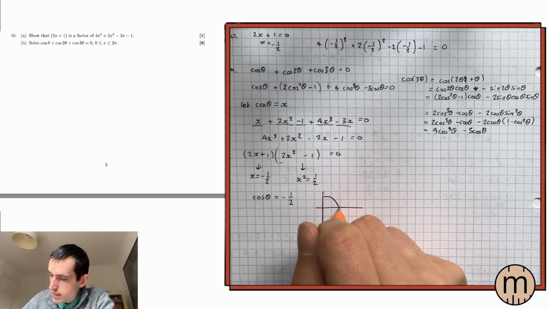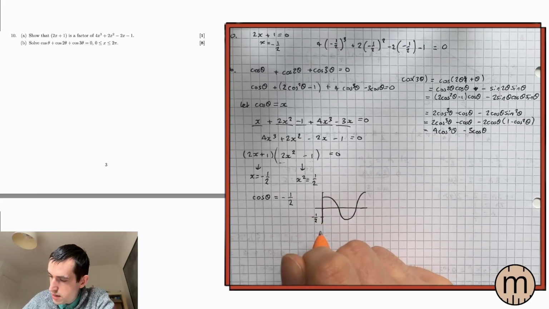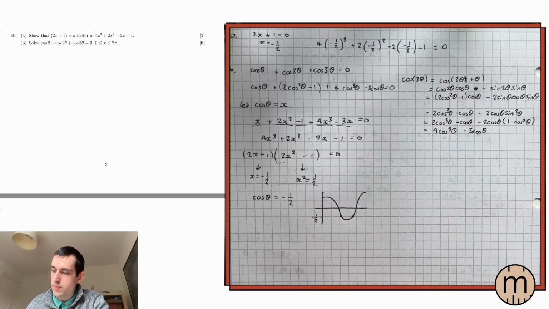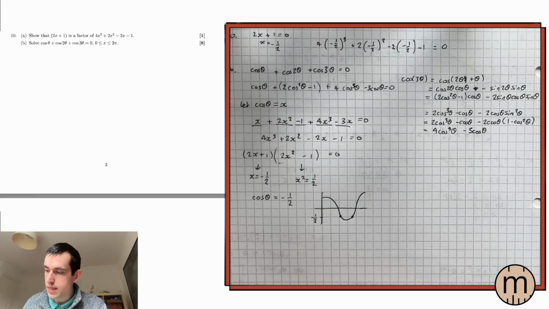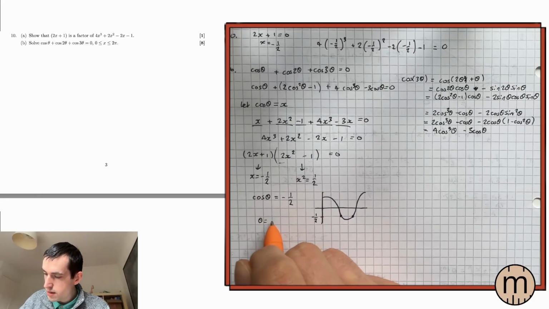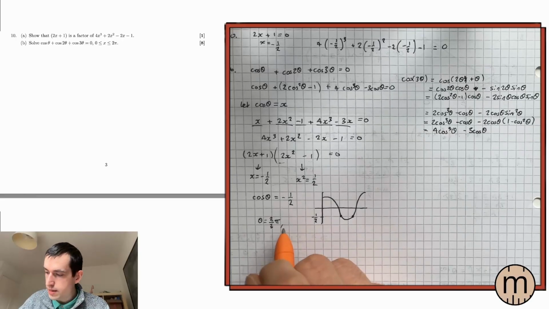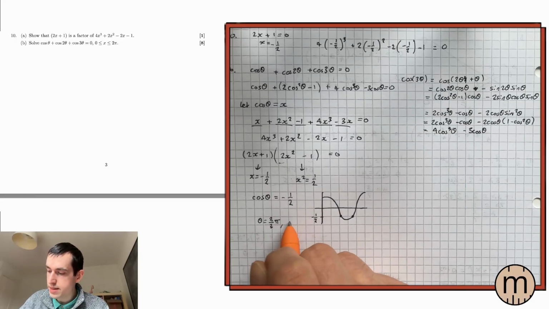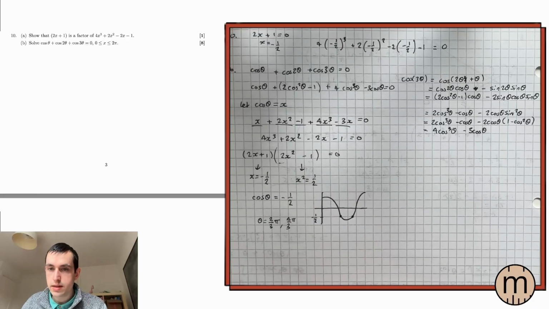If we set up our little diagram like this, put down minus half in the diagram, we can see that there's going to be two solutions within that range. And the solutions are going to be 2 over 3 pi and 2 pi minus that, so 4 over 3 pi. So we've got two solutions so far for theta.